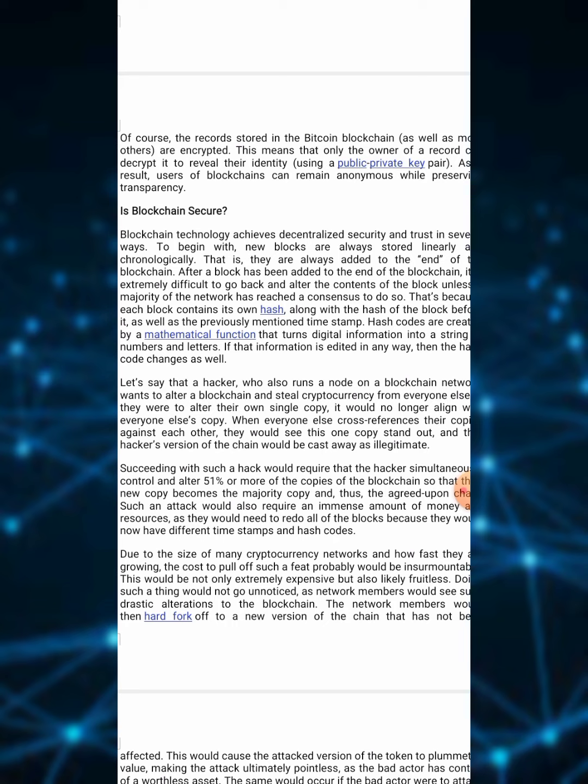Each hash code is created by a mathematical function that turns the digital information into strings of numbers and letters. So if that information is edited in any way, the hash code changes as well.